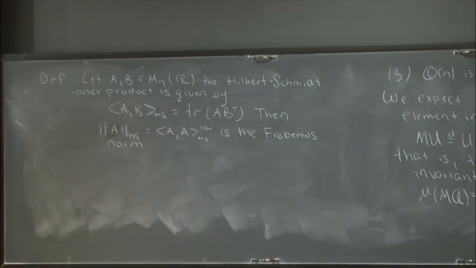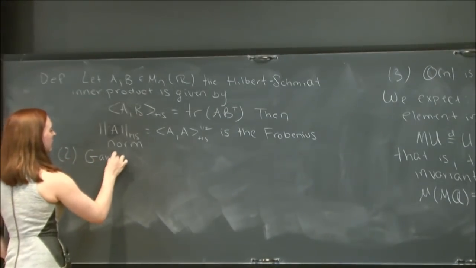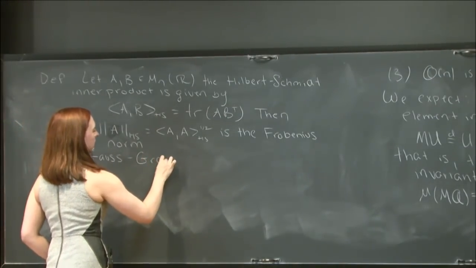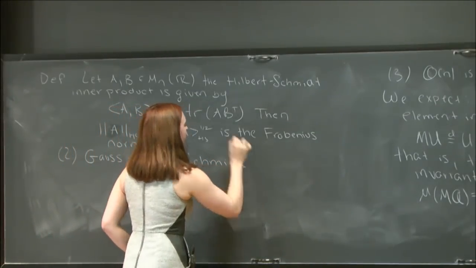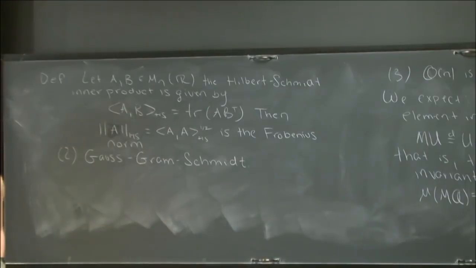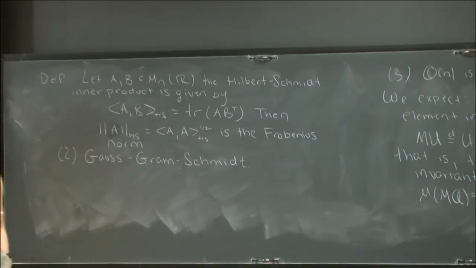Okay, so let's do that second construction of Haar measure. This is going to be a Gauss-Gram-Schmidt approach. So the idea here, again, I take an empty matrix, and this time I'm going to fill it with IID, standard Gaussian random variables.